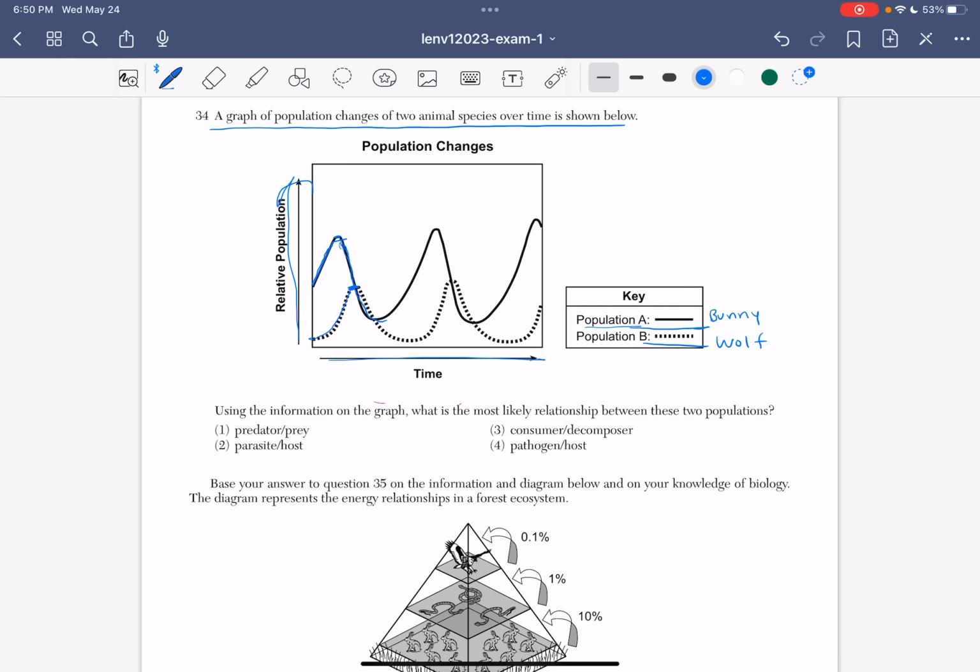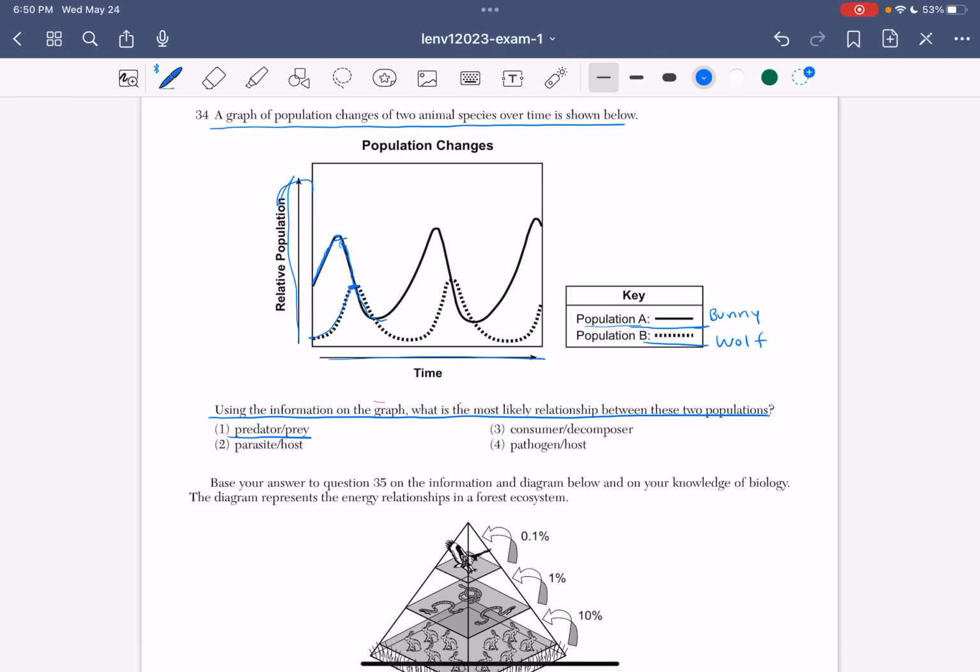Okay, so let's see what choices it gives us in terms of its relationship. Using the information on the graph, what is the most likely relationship between these two populations? Is it predator-prey, parasite-host, consumer-decomposer, pathogen-host? This is not a bacteria invading a host. This is not a parasite and a host.